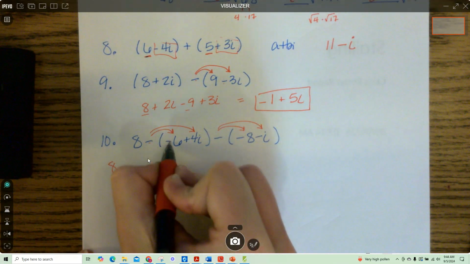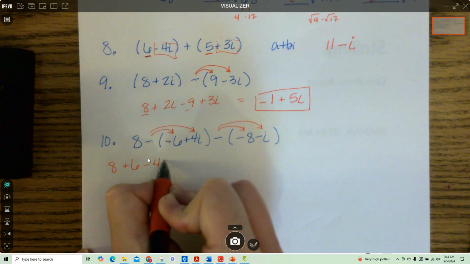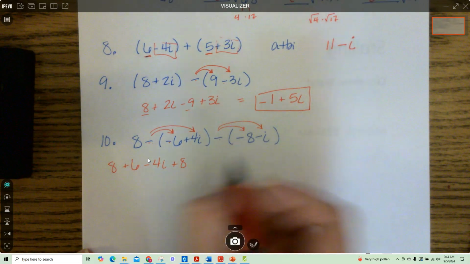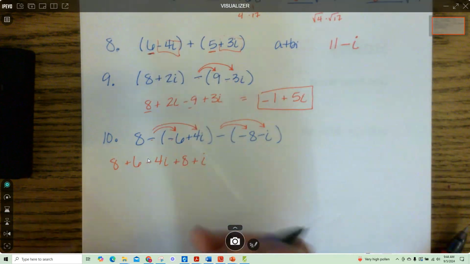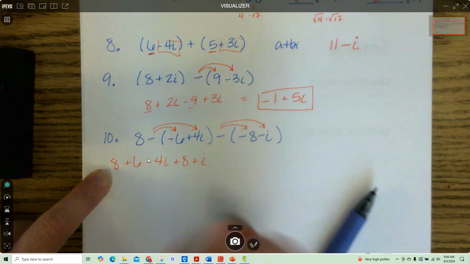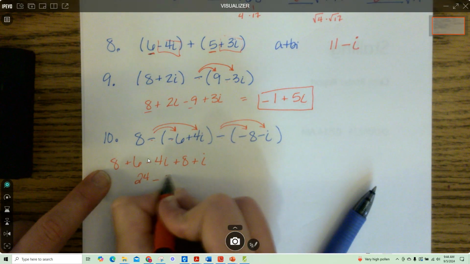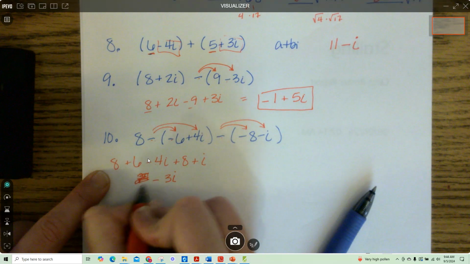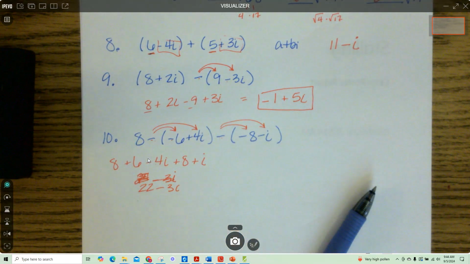So 8 minus a negative turns it into a positive, minus a positive turns it into a negative. Minus a negative, minus a negative. Combine like terms. So 16, 24? Yeah, 24, and then negative 4 and positive 1 is a negative 3i.